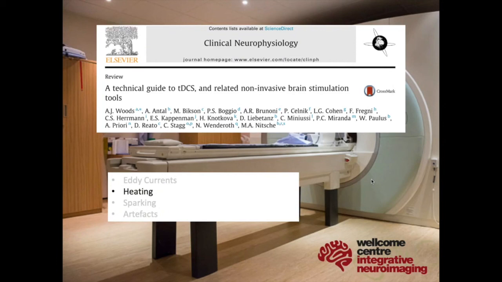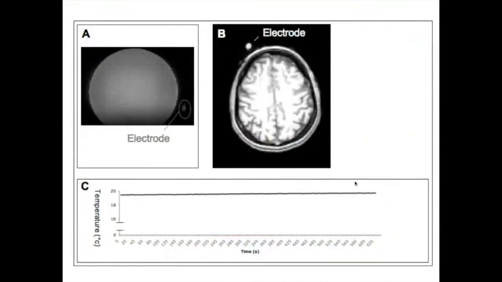You can get fiber optic thermodes, and what you do is you pop it underneath the electrode and see what the temperature is. We mark our electrodes with some kind of oil capsule so you can see where they are, which is always quite useful. You can see here we just recorded for 10 minutes or so a very, very stable temperature underneath those electrodes.